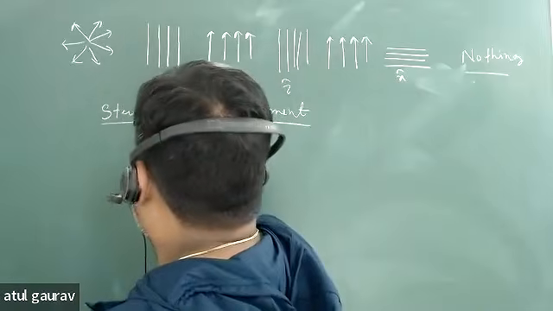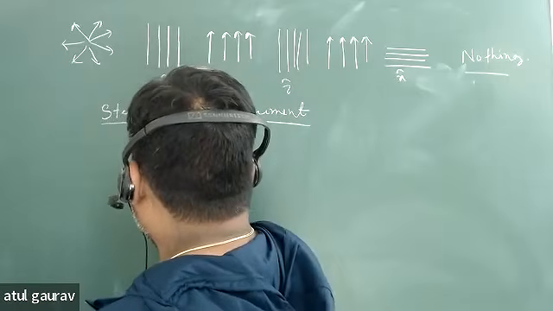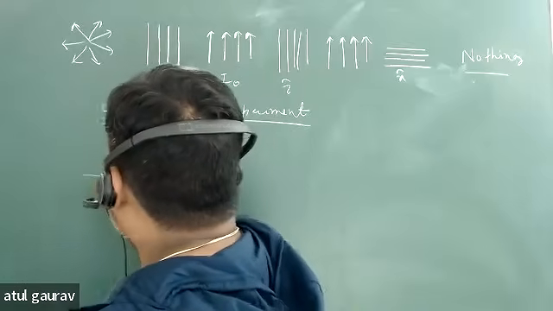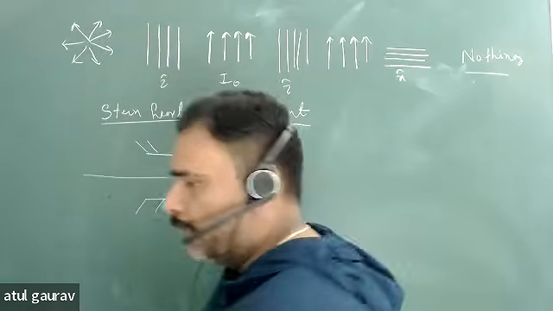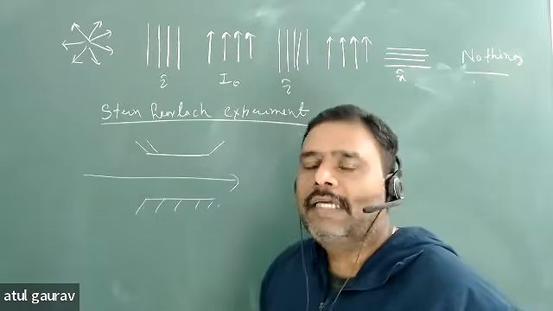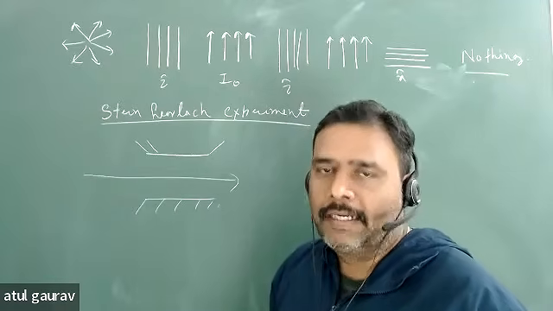You have a magnetic field, and electrons are passing through this magnetic field. Electrons have two directions of magnetic moment.